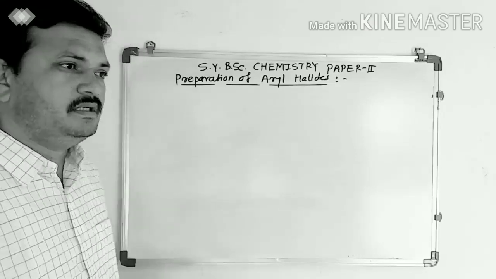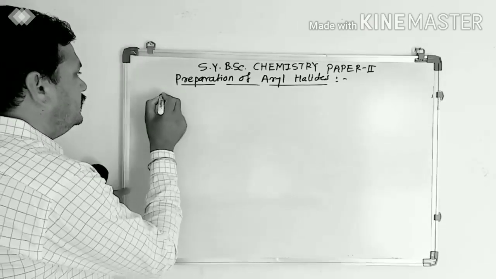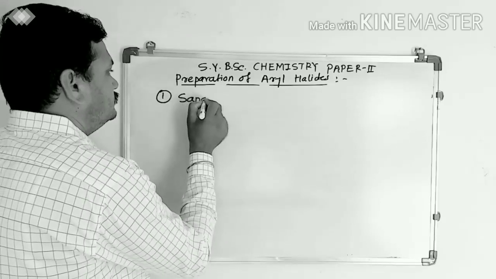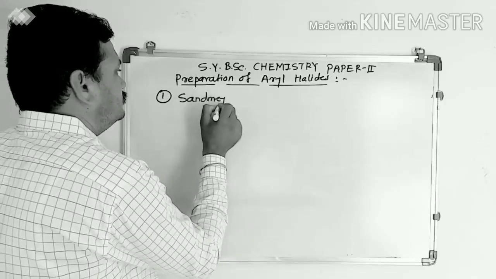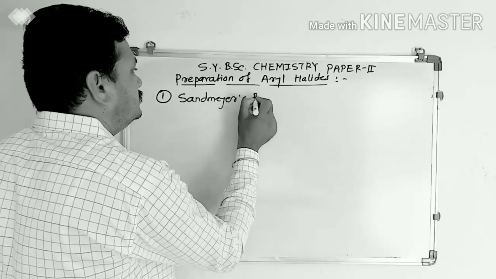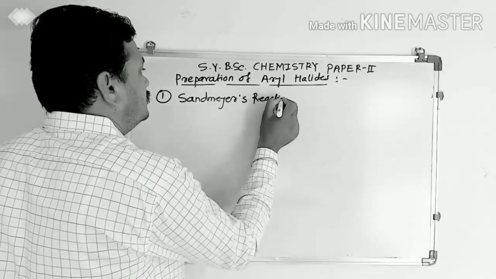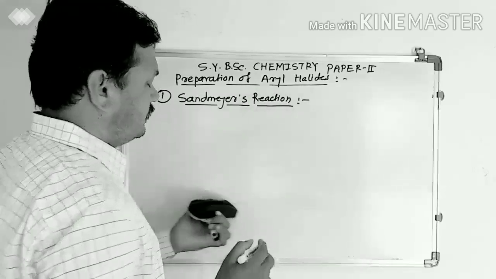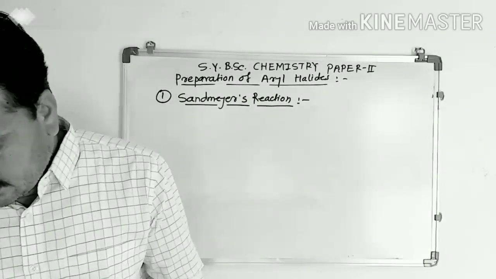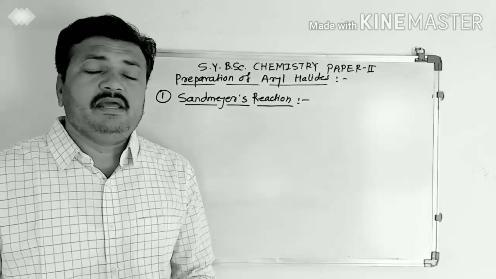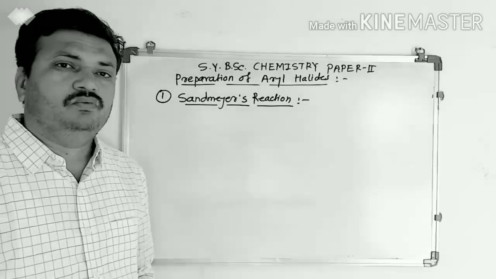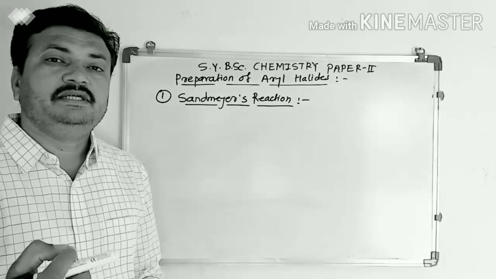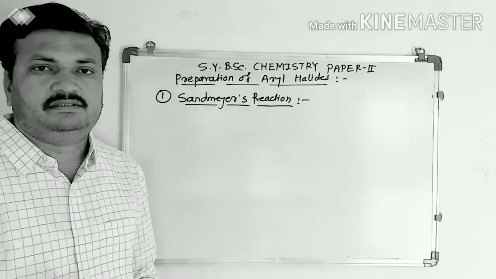In that first method, preparation of aryl halides, it is Sandmeyer reaction. In Sandmeyer reaction, the diazonium group is replaced by chlorine or bromine atom when it is treated with cuprous halides.